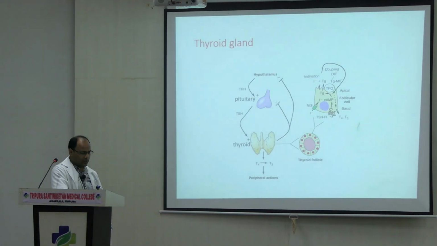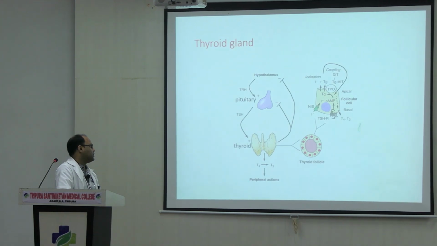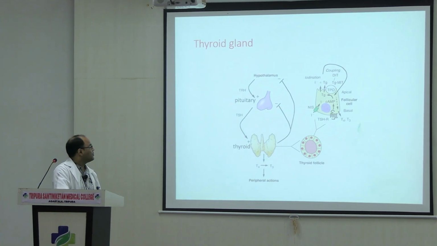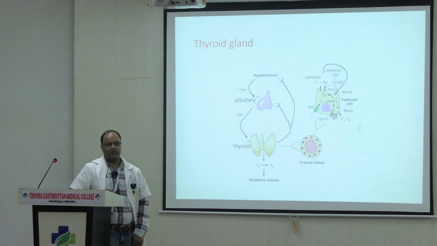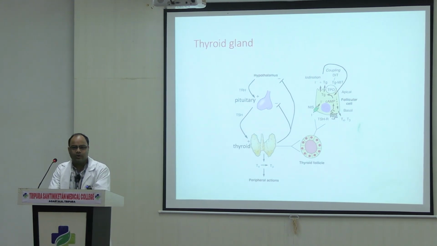All of you probably know the hypothalamo-pituitary-thyroid axis. You have already been taught it in physiology. From the hypothalamus, one hormone is released, called TRH, thyroid releasing hormone.